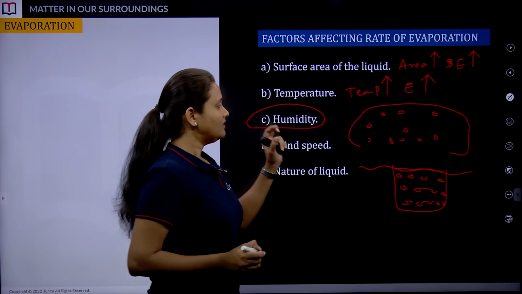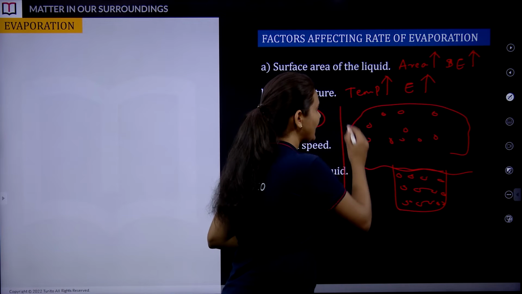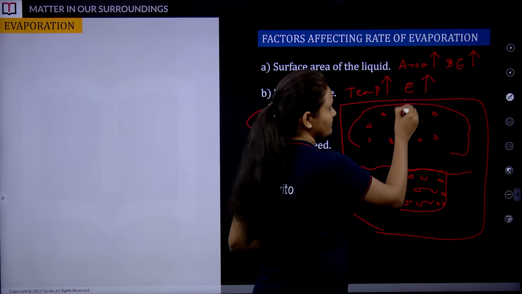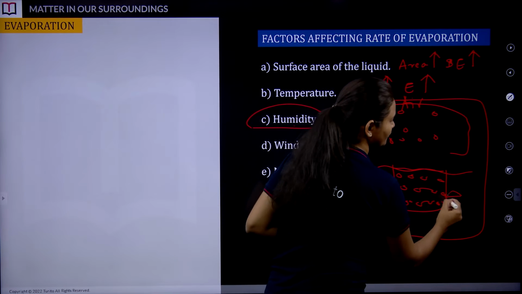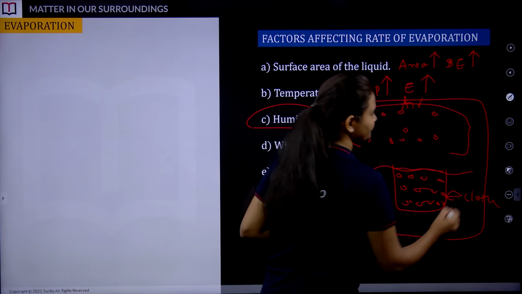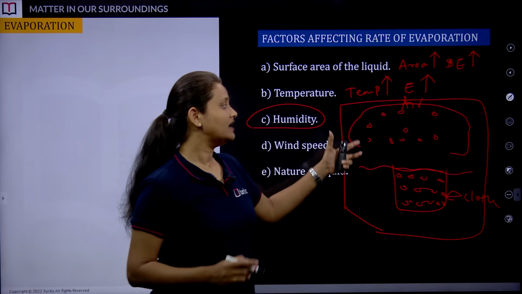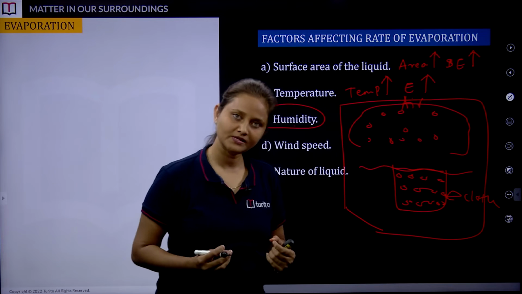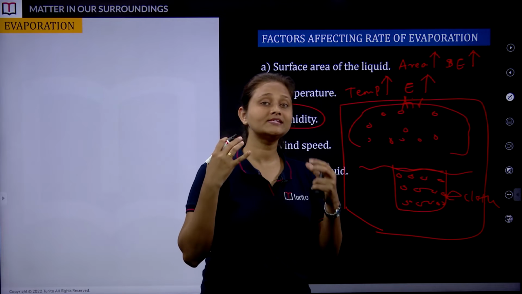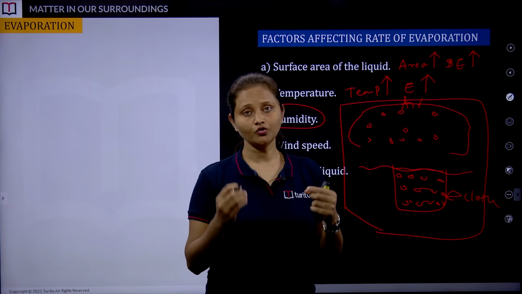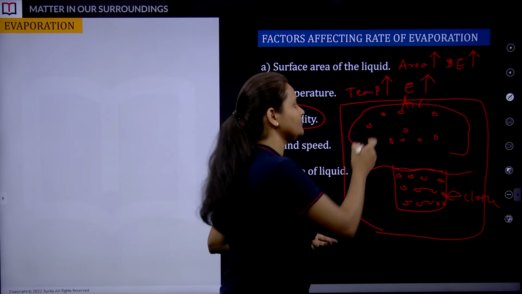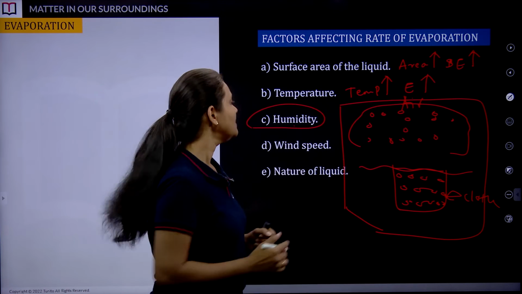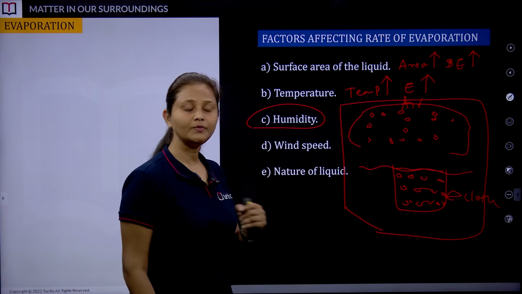Suppose in this area, this is air and this is your cloth. In this area the humidity is more. That means the air is quite saturated with its water or moisture content. The number of water molecules in this area is already saturated. That means there is humidity in the air.